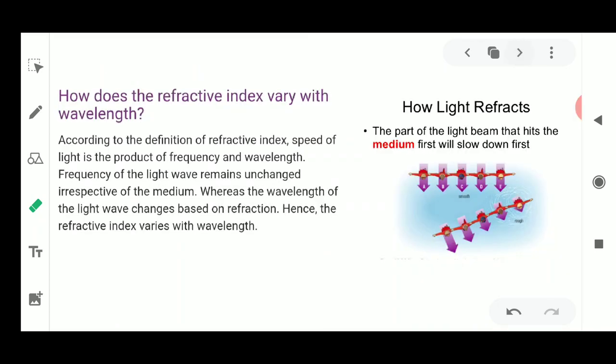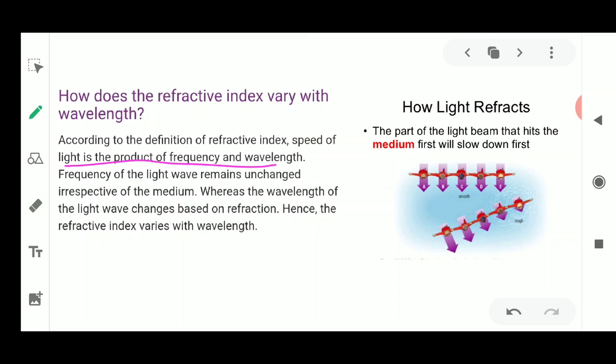Now next is how the refractive index varies with the wavelength. Now what is this wavelength? The wavelength of each and every light is different. According to the definition, the speed of light is the product of frequency and wavelength.